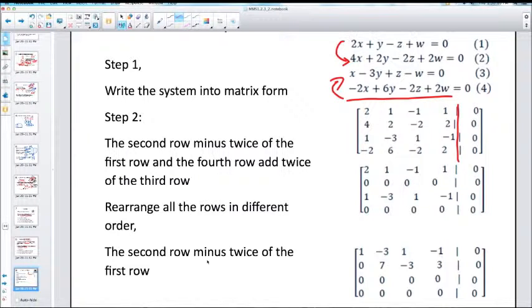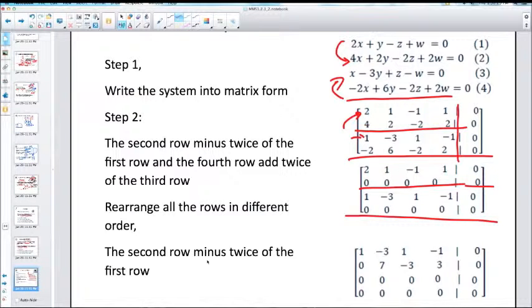You just let the second minus twice the first, you get all zeros here. The last add twice the third, you get all zeros. And finally, you move this one to the first, this one to the second, and that's all that is left.